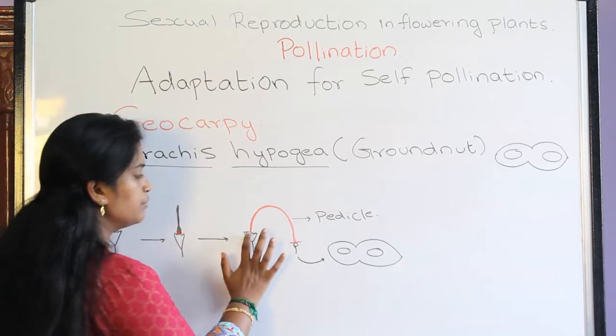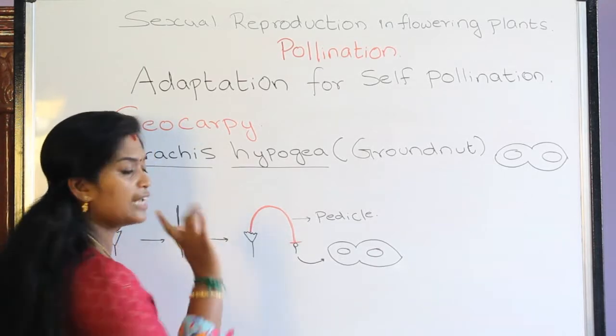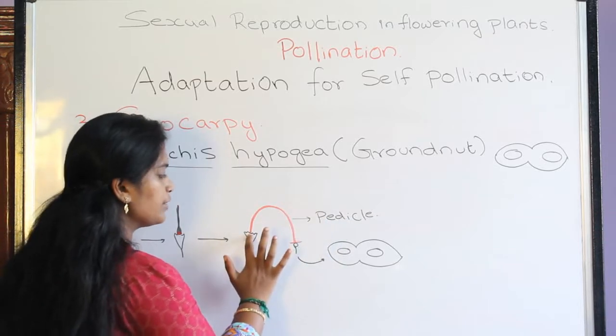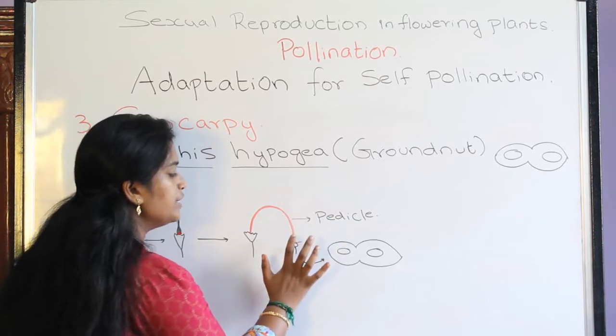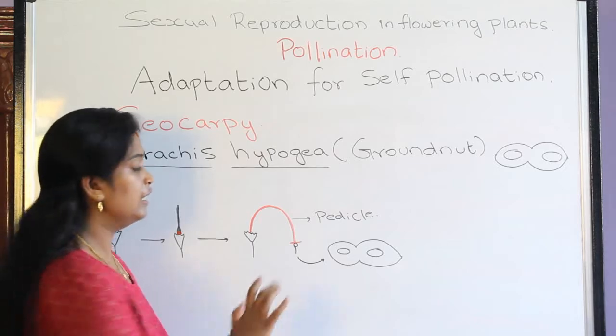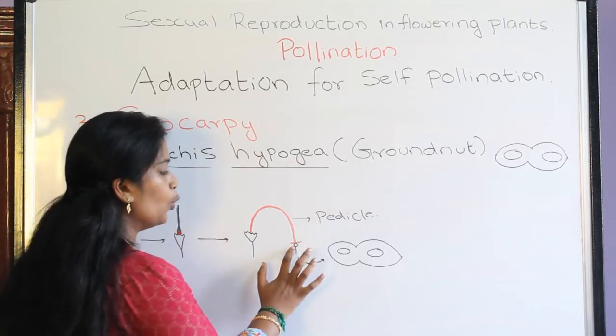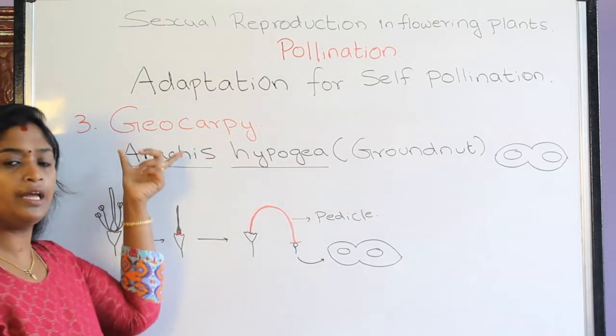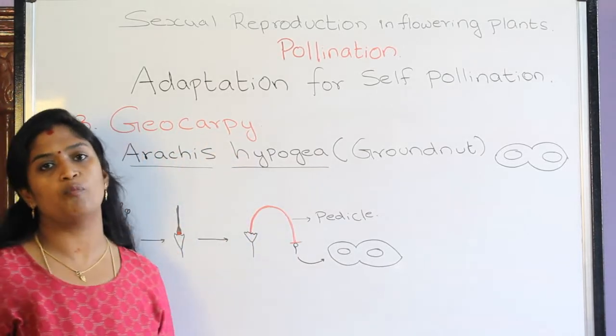The pedicel takes a long way from the thalamus to the ground. When the tip of the pedicel reaches the ground, the ovary gives rise to fruit. This is the condition of Geocarpy, which is an adaptation of self-pollination.